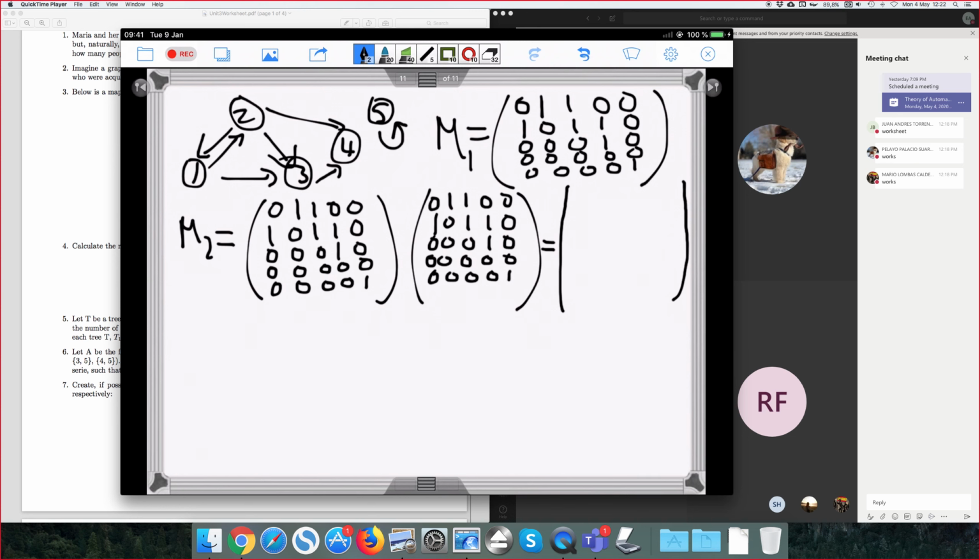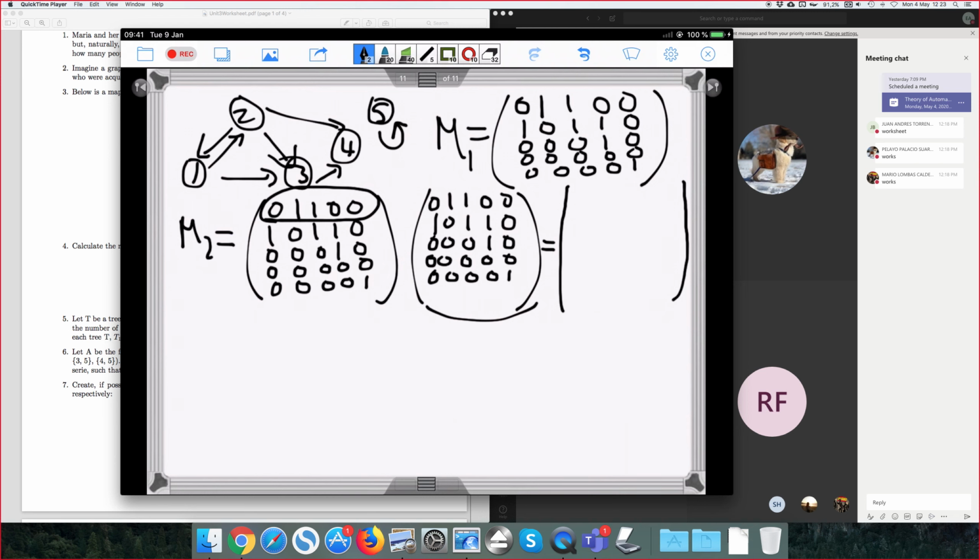Okay, so in order to obtain the result of the multiplication, I can do the regular multiplication and then transform any number which is bigger than 1 into 1. But I can do it more quickly if I remember that this is Boolean multiplication, and then when I multiply, for instance, this row times this whole matrix here, the only thing that is important is the ones. The zeros will have no influence.